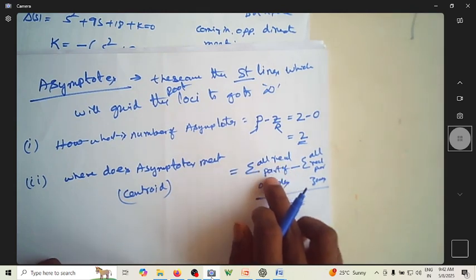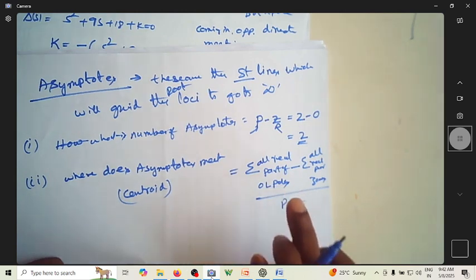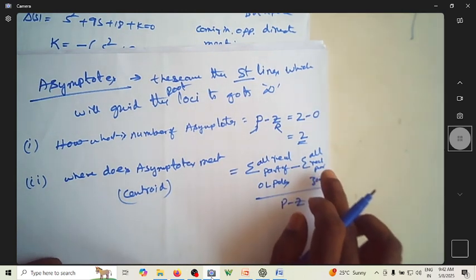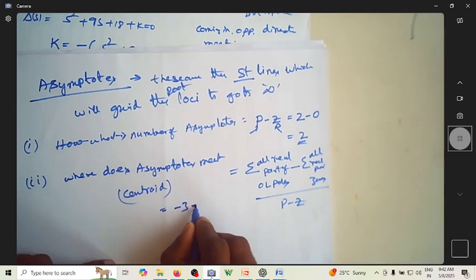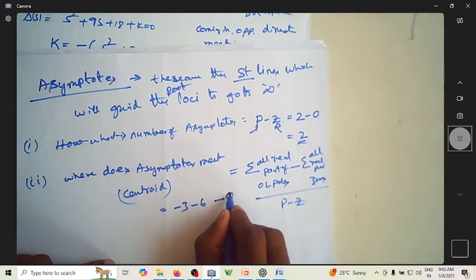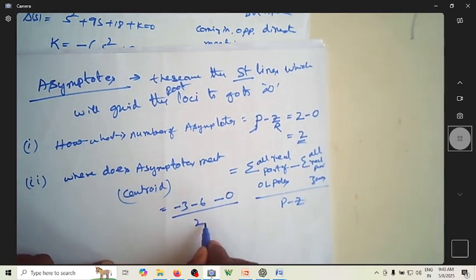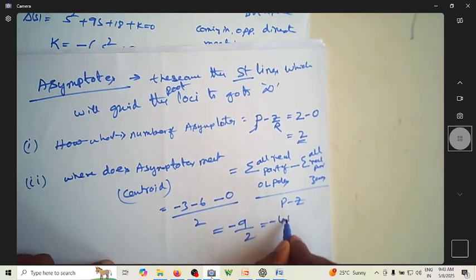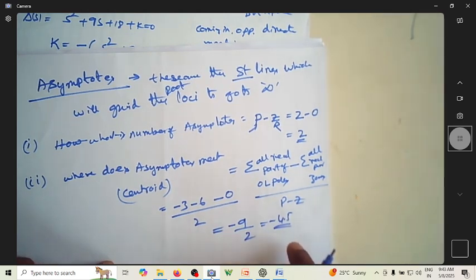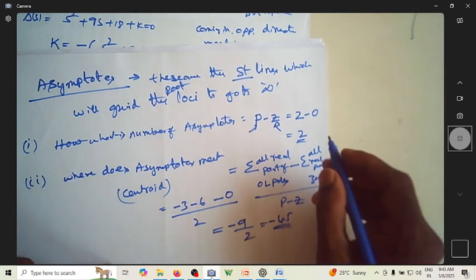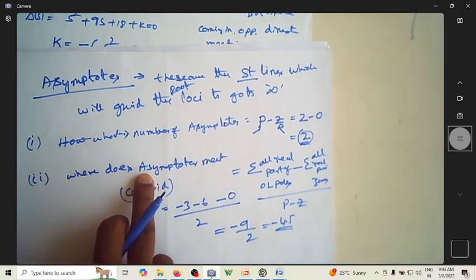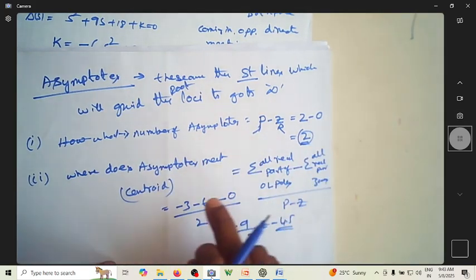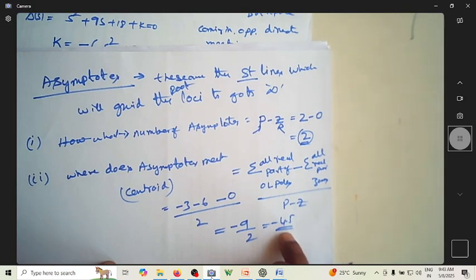Now it is the summation of the real parts of the open loop pole positions and the zero positions. So what do we have? We have poles at minus 3, minus 6. This is a summation and I don't have any zero there, divided by 2. So is it not minus 9 by 2, which is minus 4.5? What is this minus 4.5? Minus 4.5 is where these two asymptotes meet. Since you know that there are two asymptotes, the two asymptotes will meet at minus 4.5.